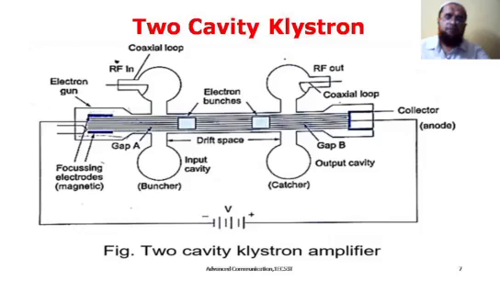This is the total block diagram of the two cavity klystron. Now let us see how this klystron operates.